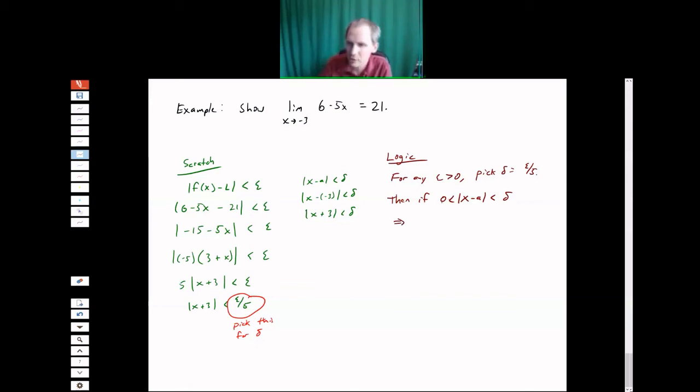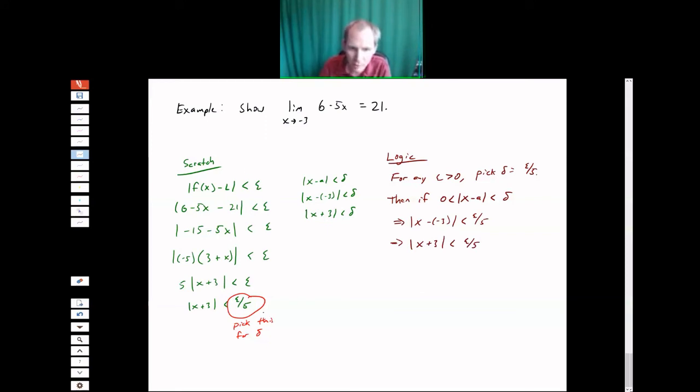I don't really need it to show this next step. And I'll explain why in a second. But my a is -3, so I have x minus -3 is less than delta, but I'm going to write that as epsilon over 5. So that means that |x plus 3| is less than epsilon over 5.